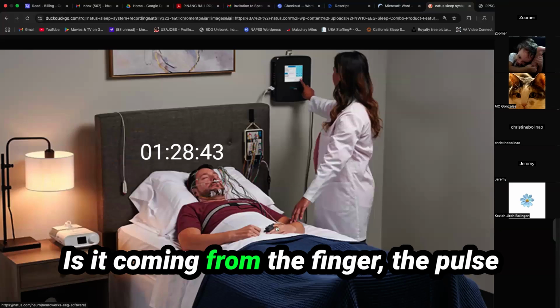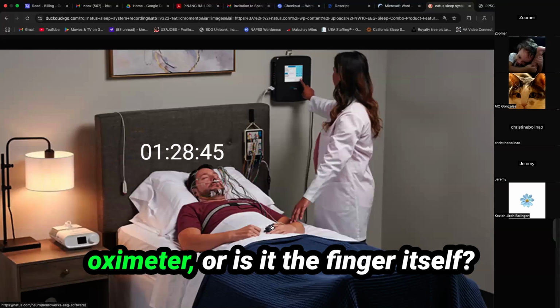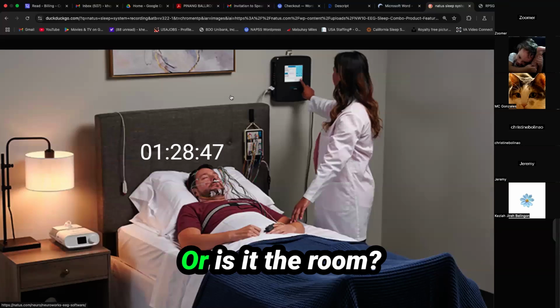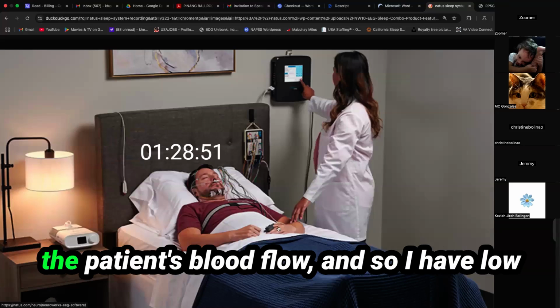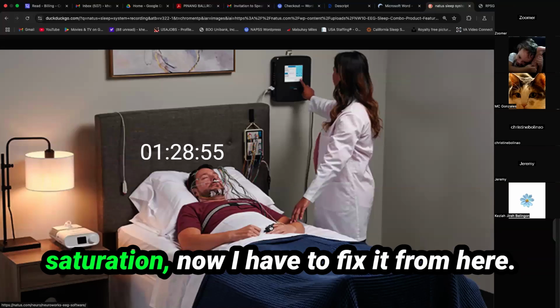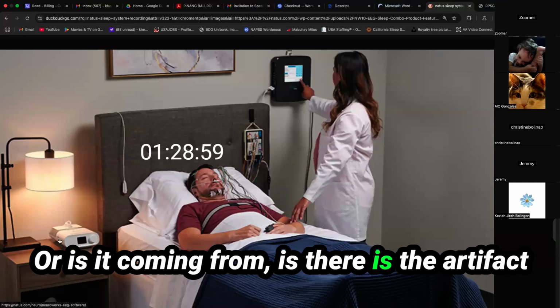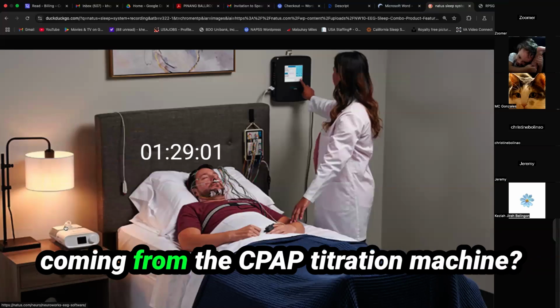Is it coming from the finger, the pulse oximeter, or the finger itself? Or is it the room, because the room is cold, affecting the patient's blood flow, and so I have low saturation, and now I have to fix it from here? Or is the artifact coming from the CPAP titration machine?